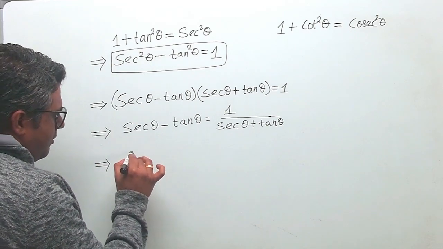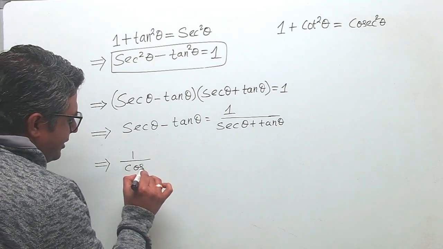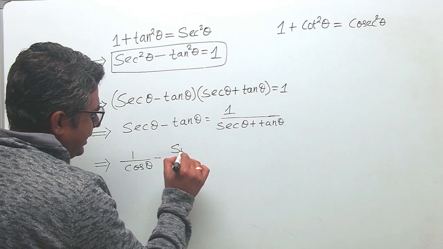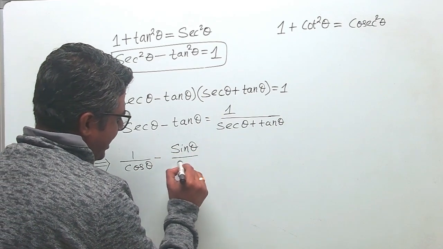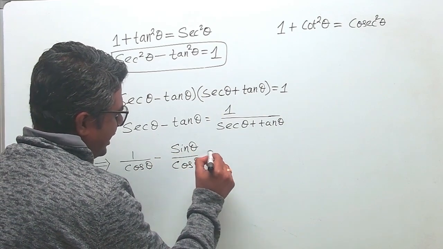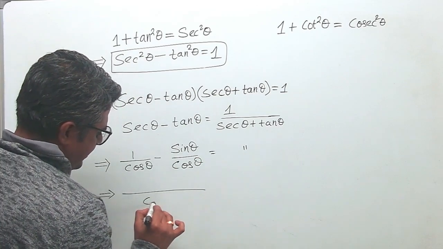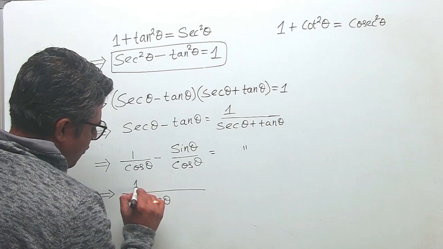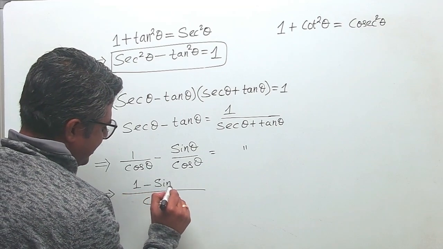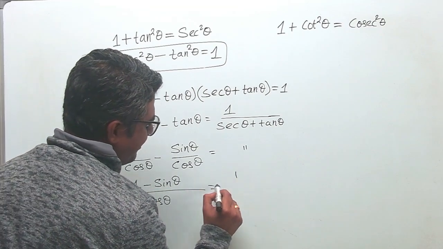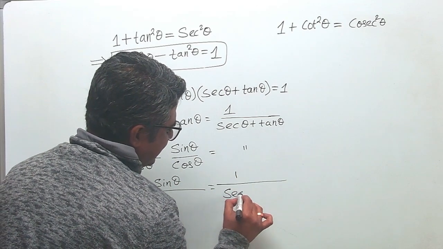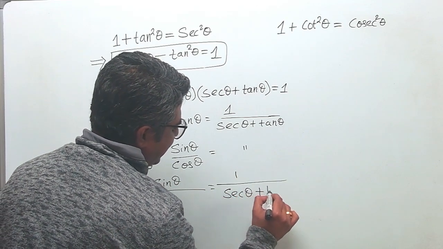See, 1 by cos theta minus sin theta by cos theta. Can I write this? Easy LCM: 1 minus sin theta by cos theta is equal to 1 by sec theta plus tan theta.